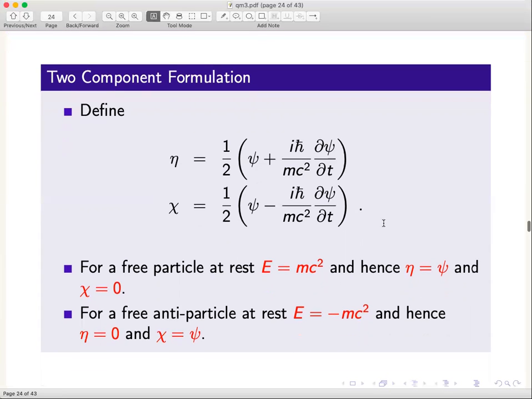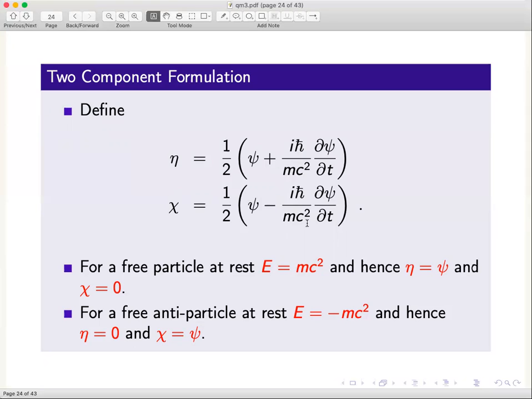Now clearly, if you are looking at a free particle at rest, then i h bar del psi by del t would just give you the answer E, and this entire quantity is going to be psi plus E times psi divided by mc squared, and this quantity will be psi minus E times psi divided by mc squared.